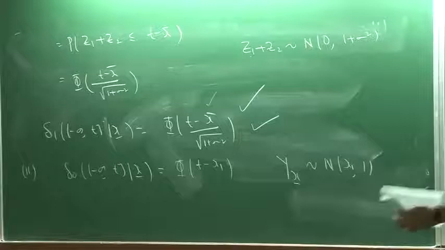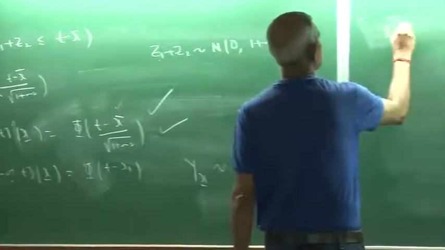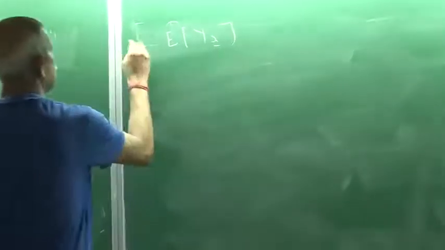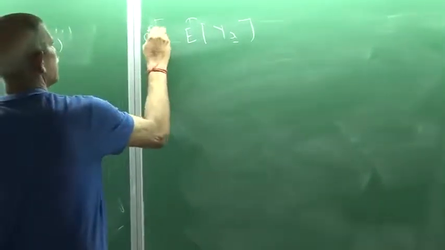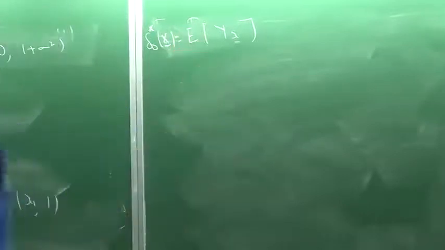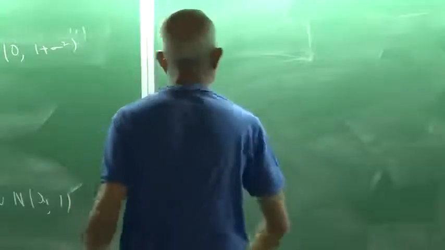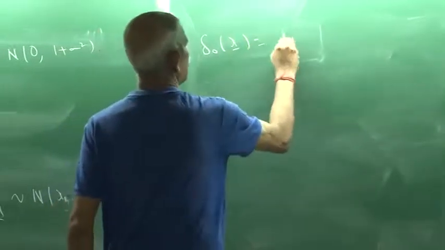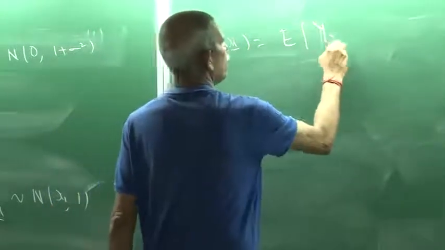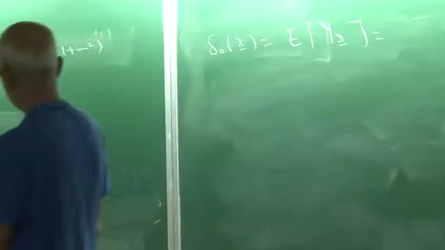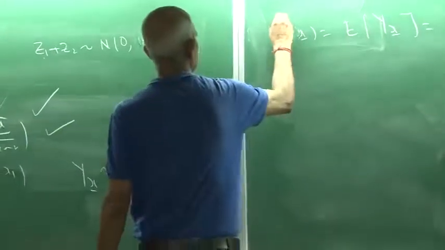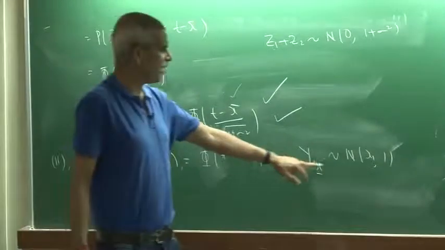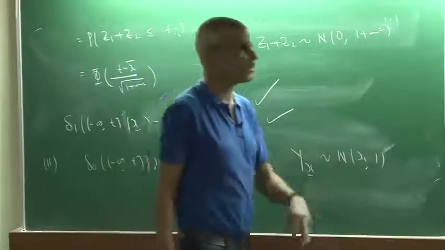It says you just consider the expected value of Y of x. So let me call this delta naught star of x, which is the expected value of Y of x. But the random variable over here is normal(x1, 1), so its mean is x1.